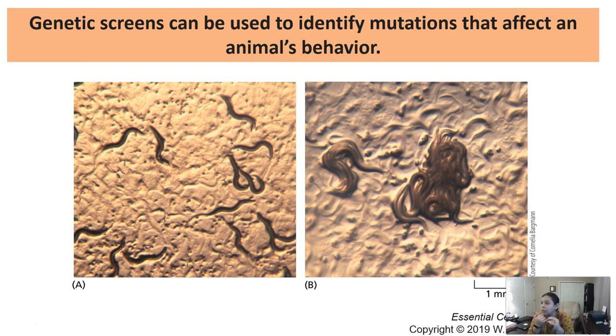One of the ways that we can do that is looking at this wild type C. elegans alone, which is in A, and then looking at the mutated gene for a particular gene of interest and seeing that they are doing social feeding in B rather than the individual worms kind of isolated, working separately from each other.